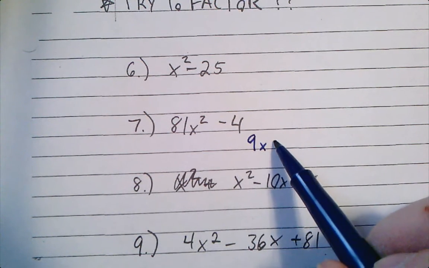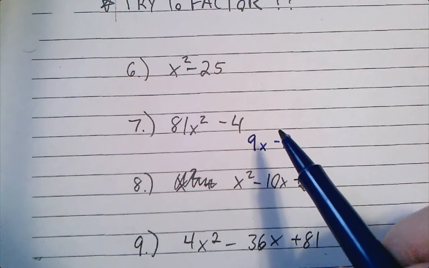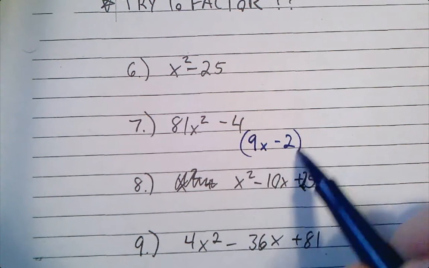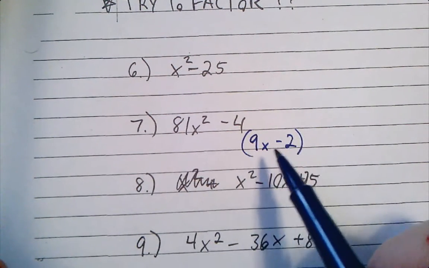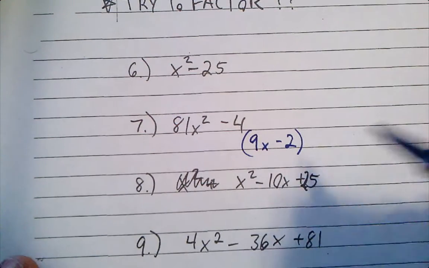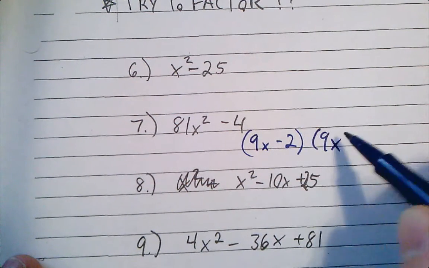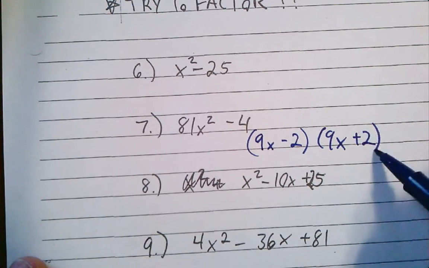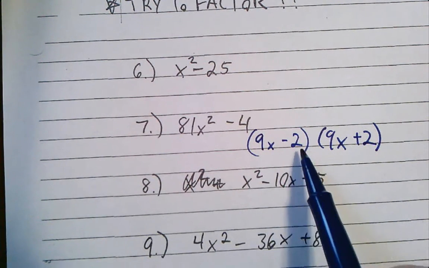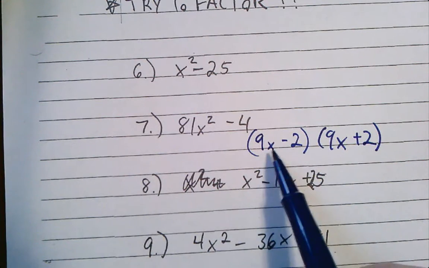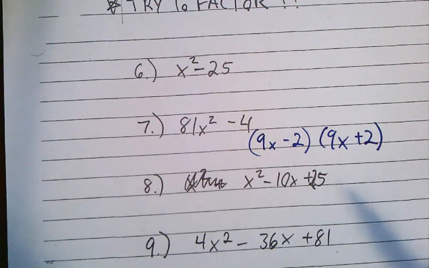Now for this one, it's not a perfect square trinomial, it's a difference of 2 squares. So I'm going to write 9x minus 2, and then 9x plus 2. Again, if I actually did the multiplication, this would give me a negative 18x and a positive 18x, which would eliminate the middle term, and that's why that special case works.